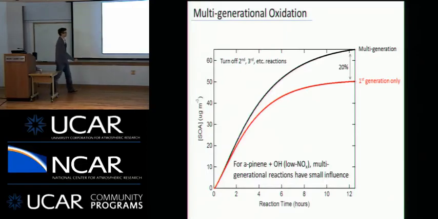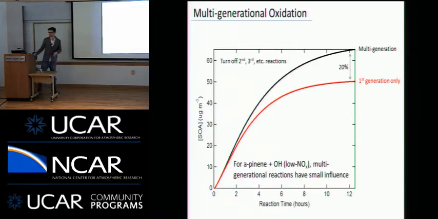In this case, the difference is only about 20%, which suggests that most of this SOA mass is being formed by those species that added 3 or 4 oxygen atoms in one step. It's not being added from adding 2 twice. So it's really mostly first generation chemistry that's dominating alpha-pinene SOA formation. At least this would suggest that's the case.